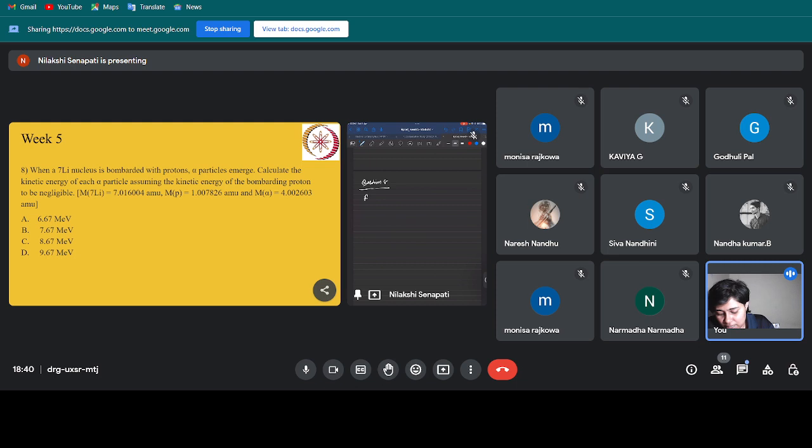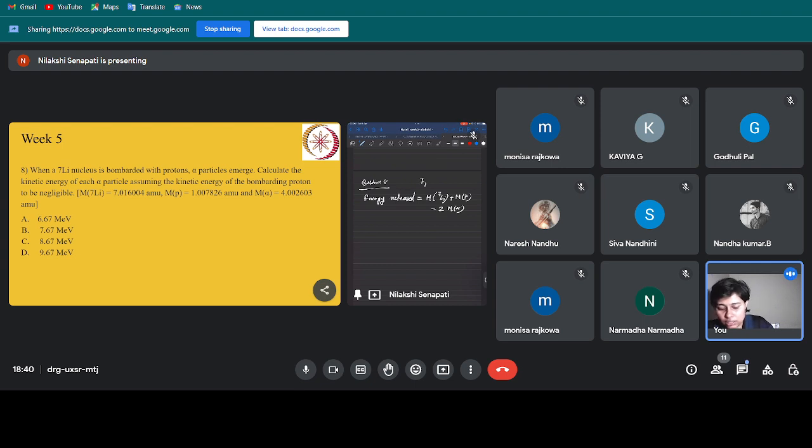So the energy released, that is the gap of the energy that has been produced during the bombardment, you need to calculate. Energy released is equal to m of 7 lithium plus mp minus 2 m alpha. Everything is given to you. Why am I writing in this manner?